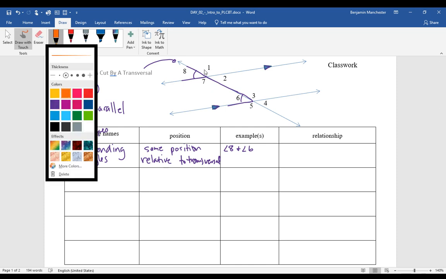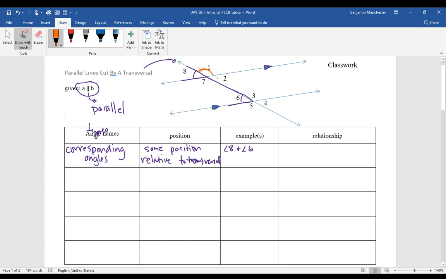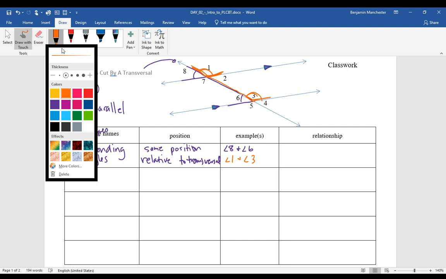In fact, we can go with the one across from it. So angle 1 and angle 3 are also a set of corresponding angles. They have that same transversal. They're in that same position with respect to the parallel line and the transversal. Okay, and then we have their friends over here.